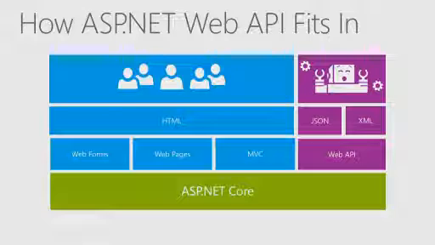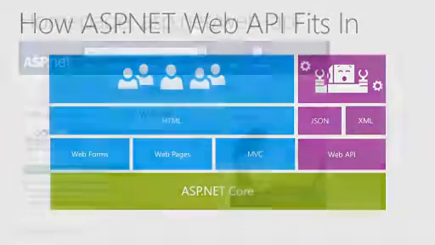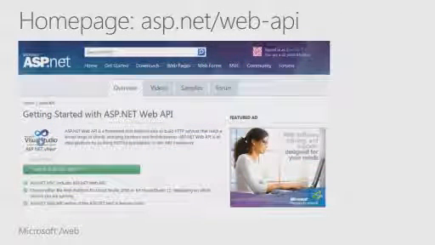People were kind of jamming JSON or XML into web forms or MVC or their own custom handlers, and you can do that. But we can help you out quite a bit using current web standards: HTTP, JSON, XML, etc. You can find out more if you go to ASP.NET/Web API.